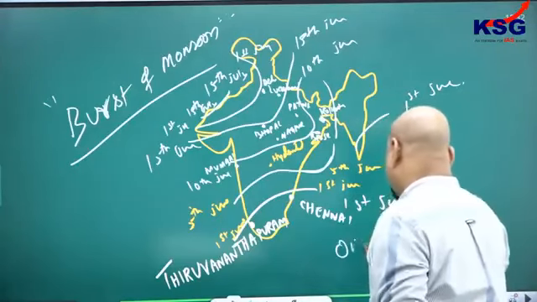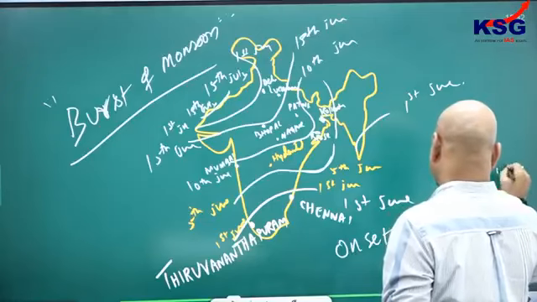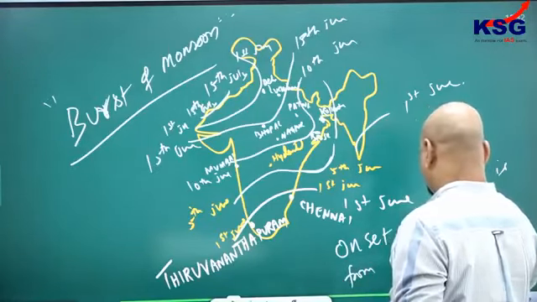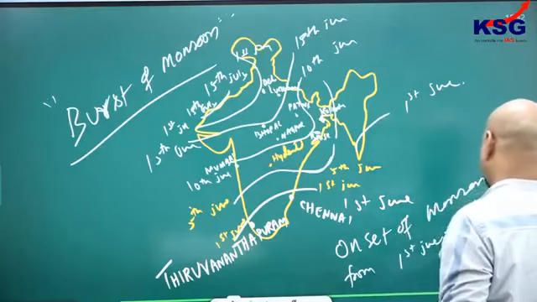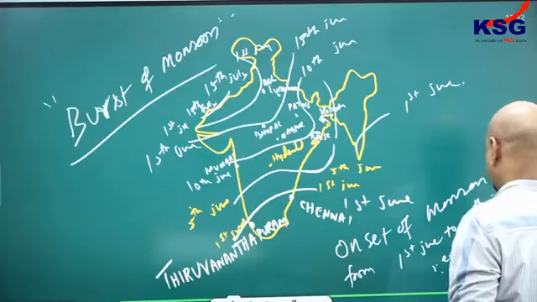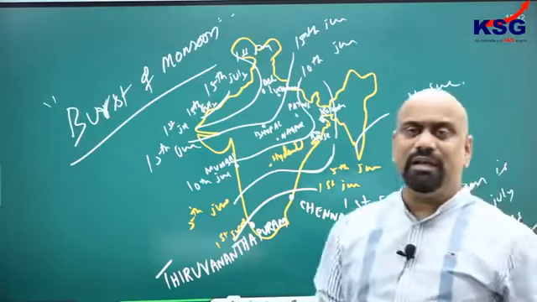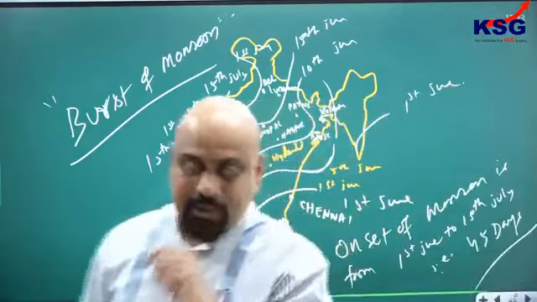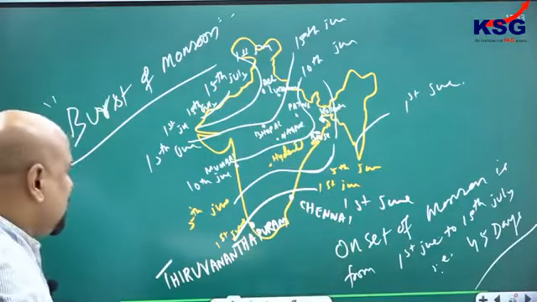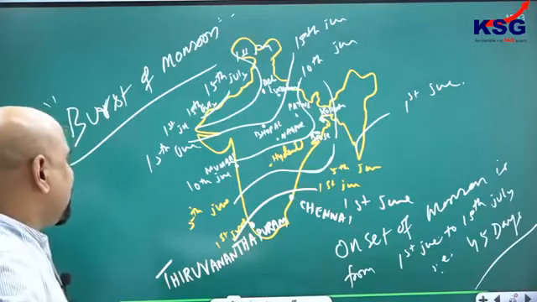So onset of monsoon is from 1st June to 15th July, that is only 45 days. Within 45 days, the summer monsoon, southwest monsoon, covered the entire India.